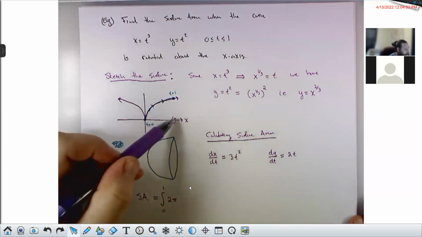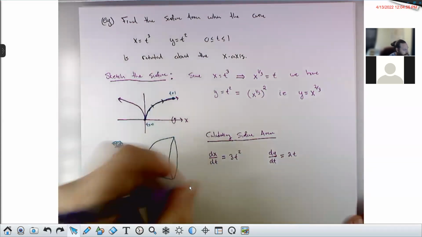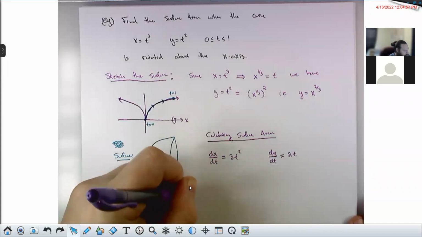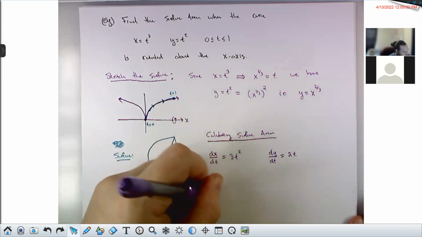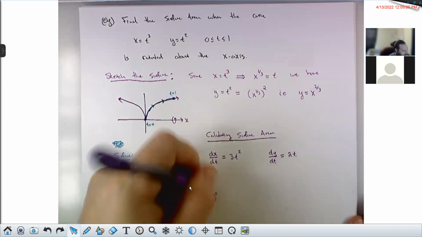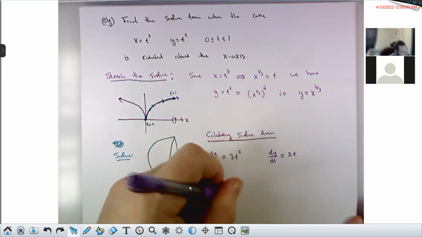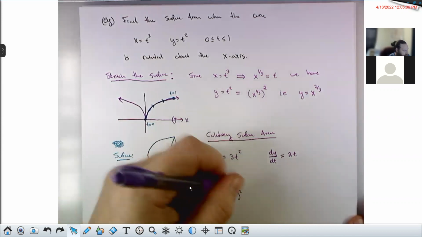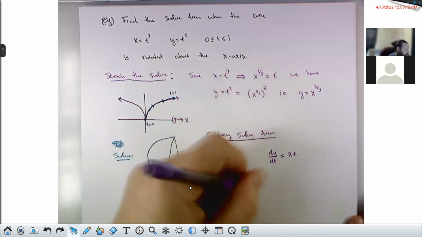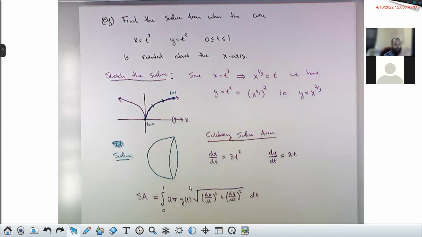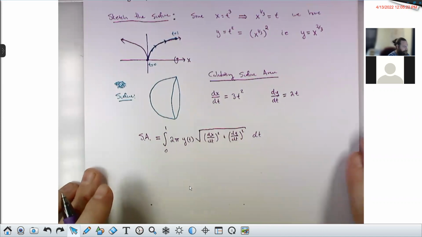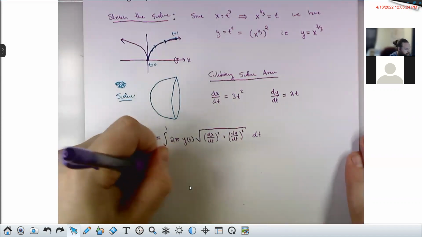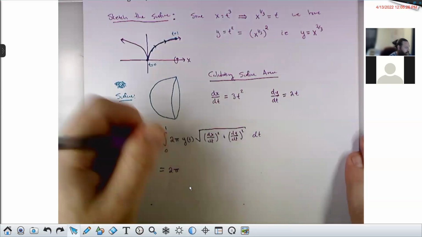Now I'm revolving around the x-axis, so my radius is y, y of t, and then I've got the square root of dx/dt squared plus dy/dt squared dt. So let's do it. The 2 pi can come out, it is a constant.